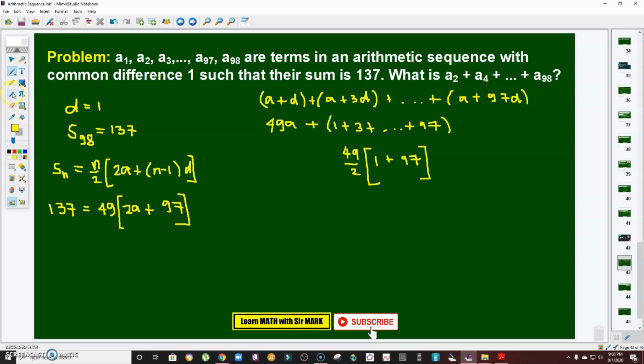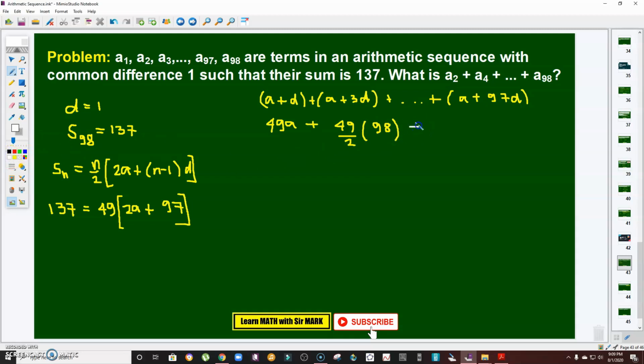So the sum of 1 plus 3 plus 5 up to 97 is just 49 over 2 times 1 plus 97, or 98.